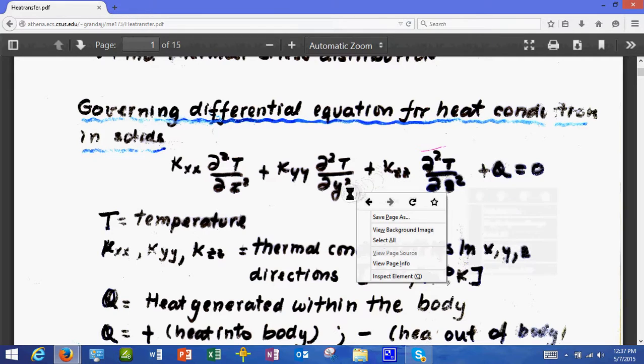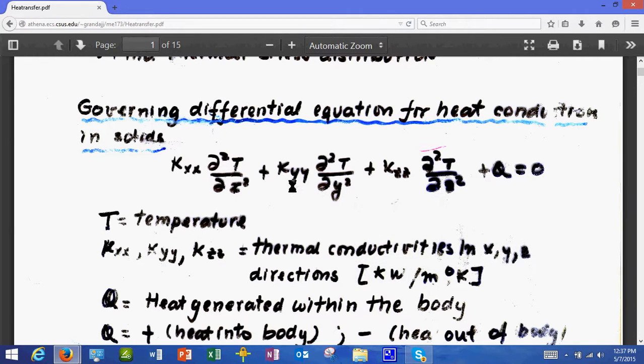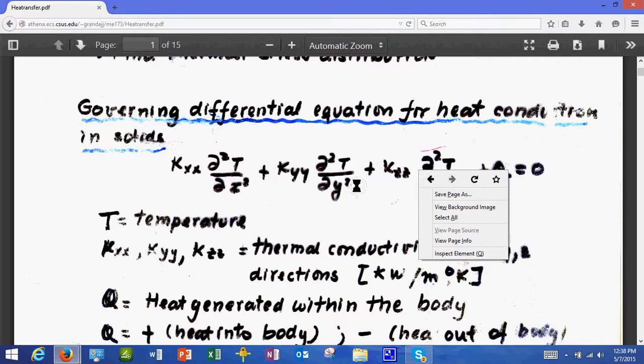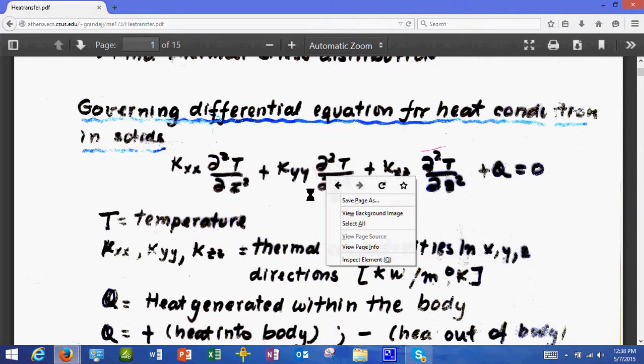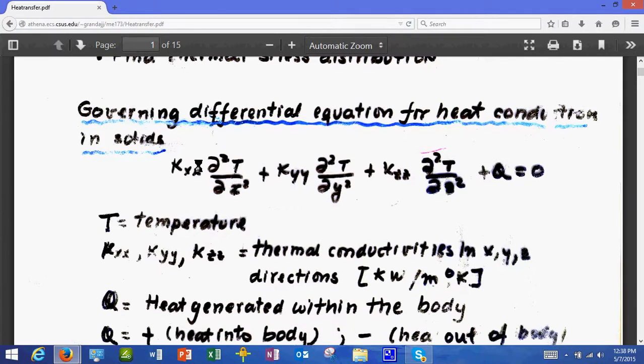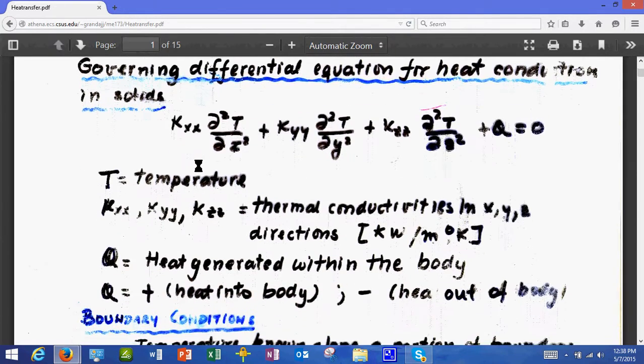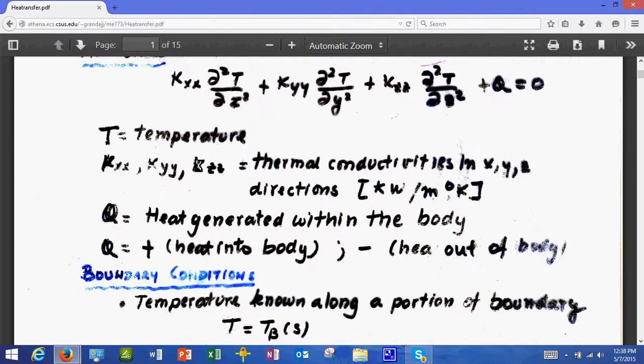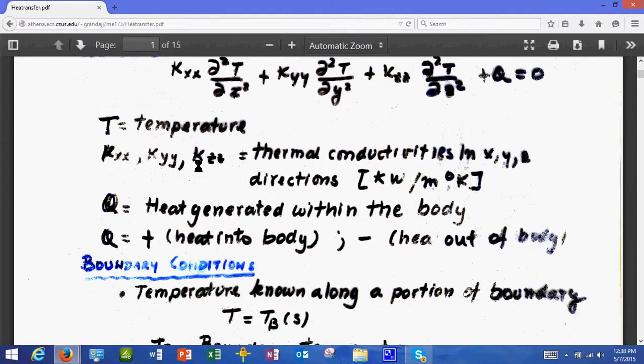So before we had this situation with only one of these and none of the others. Now in 3D we have all three dimensions for the partial differential equation. T is the temperature, and kxx, kyy, and kzz are the thermal conductivities.